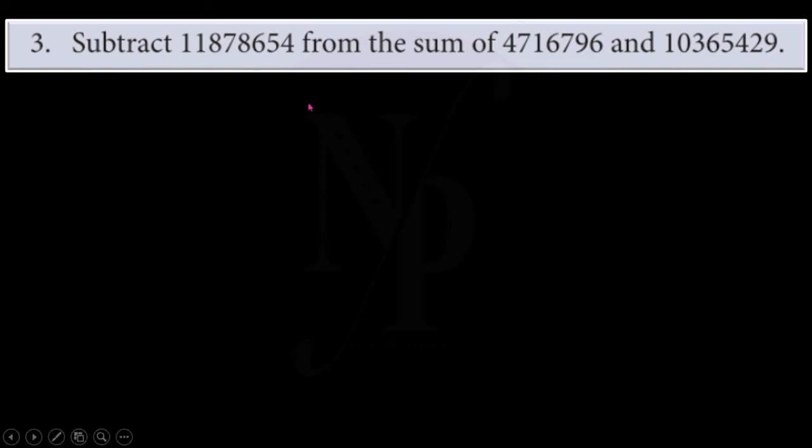So here first we should find the sum of these two numbers, and from the sum we have to subtract the first number given in the question. Let us do that now. So write down the numbers appropriately. 4, 7, 1, 6, 7, 9, 6.